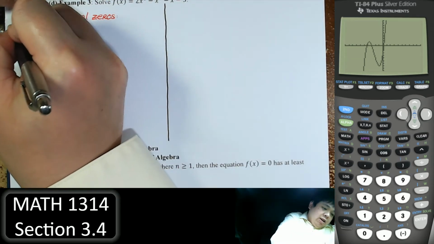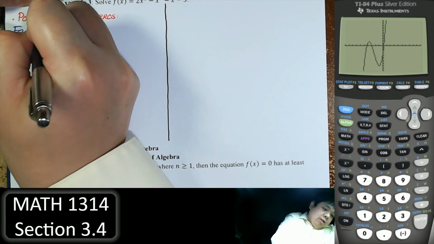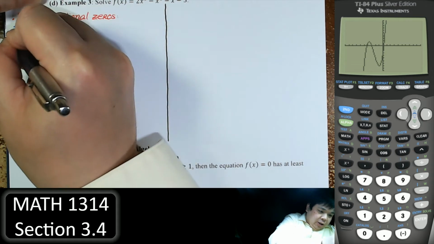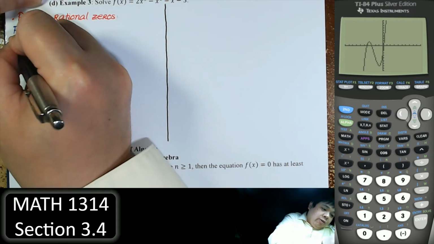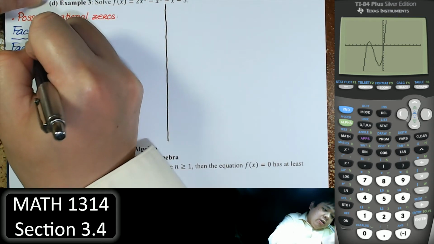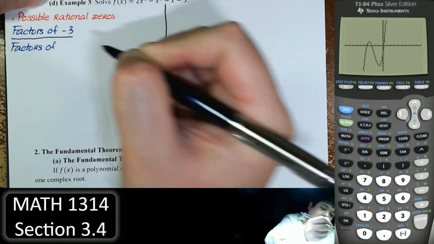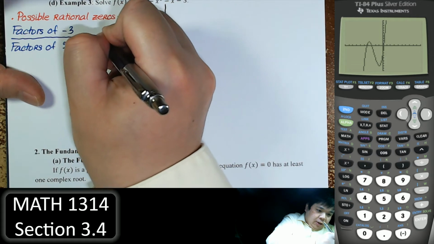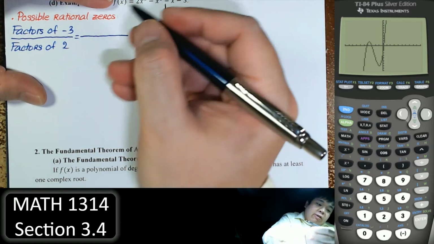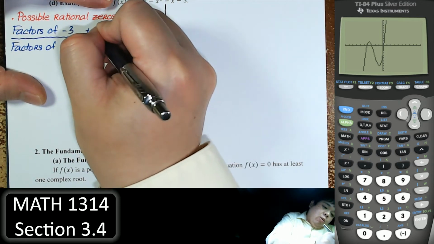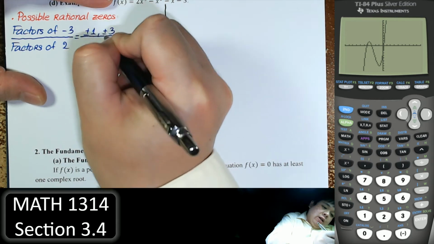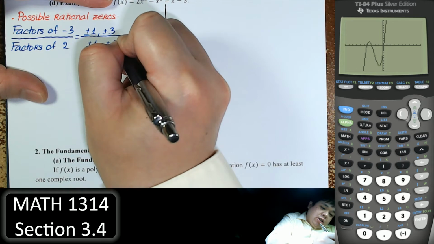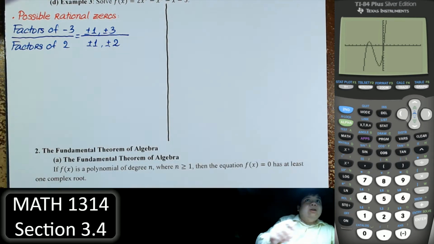So factors of negative 3 over factors of 2. Factors of negative 3 will be plus or minus 1, plus or minus 3, and factors of 2 are plus or minus 1, plus or minus 2. Right.